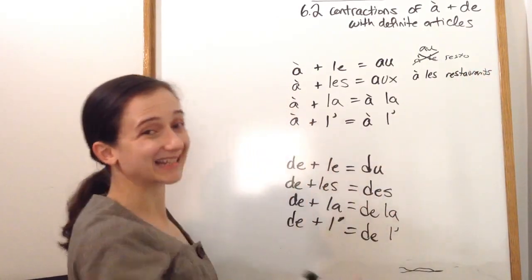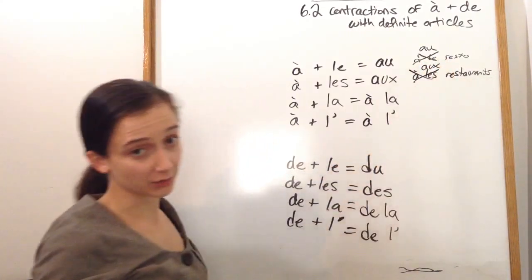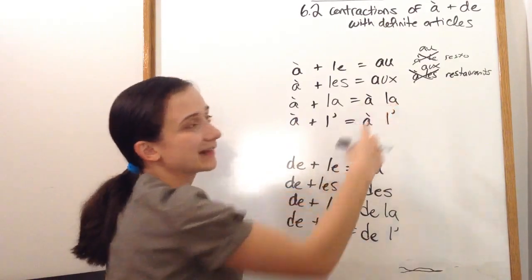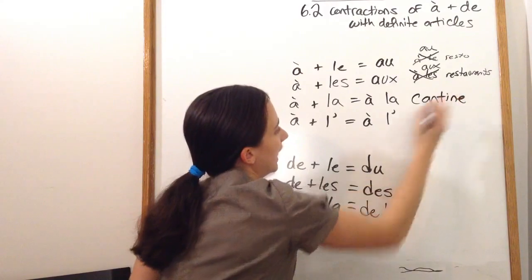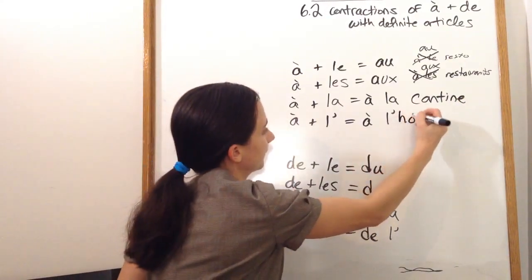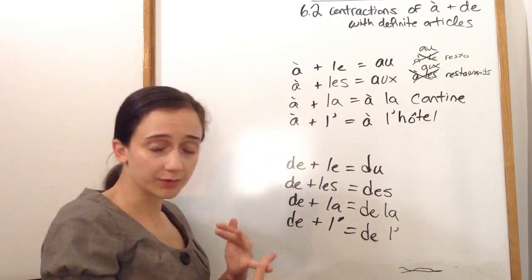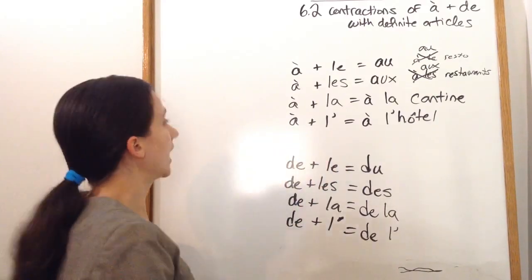You can't say à les restaurants. You need to say aux restaurants. And this would be the same. À la cantine. And here, à l'hôtel. Because we use the L apostrophe for words that start with vowels, or H's like this, that are silent.